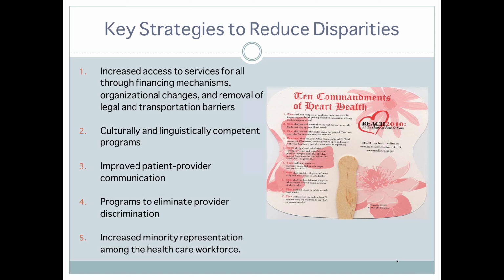The Affordable Care Act is an example of that, Medicaid and other financing mechanisms. Organizational changes, so changing the institutions where health care is delivered in order to increase access, and removing legal and transportation barriers that get in the way of all subgroups in the population accessing care.